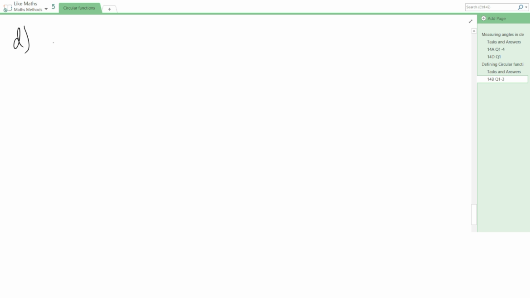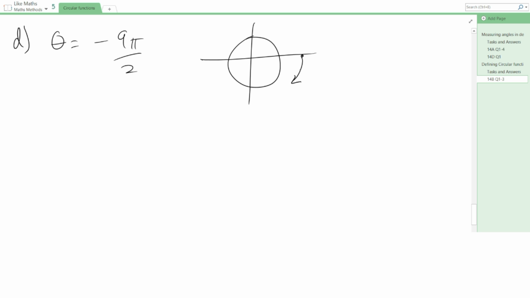50. This time theta is minus 9 pi over 2. On the unit circle, because it's negative, we will be going around clockwise, so this way. It's 9 lots of half a pi.